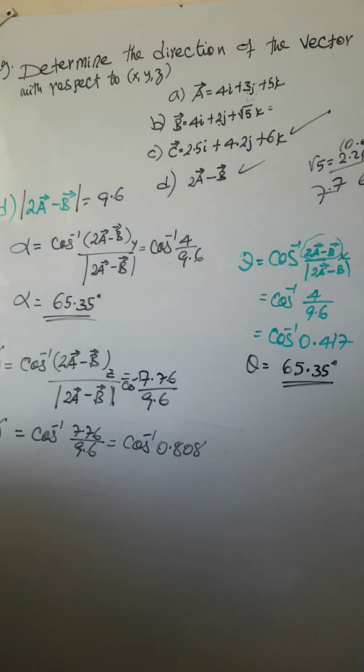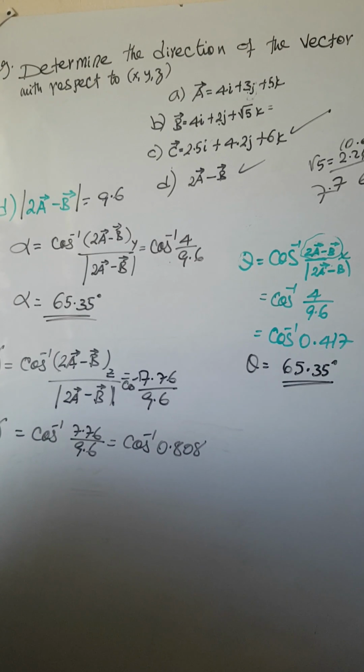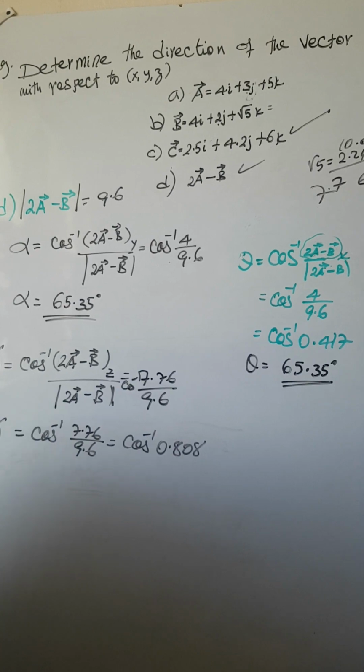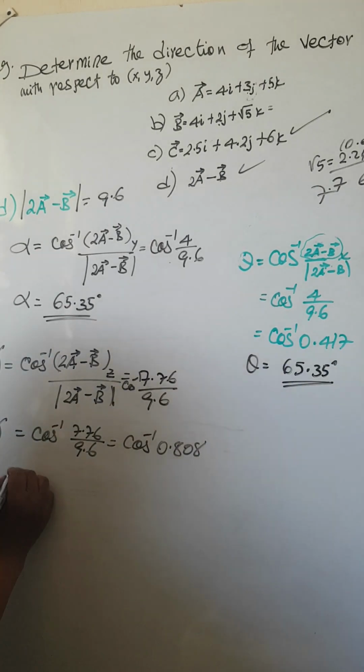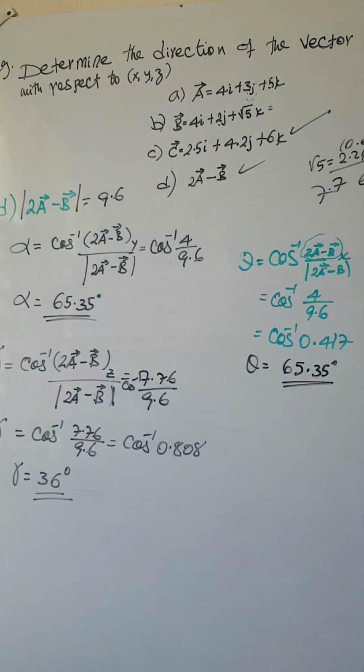Let's check what angle it's going to be. Shift cos 0.808 is 36 degrees. Gamma is equal to 36 degrees.